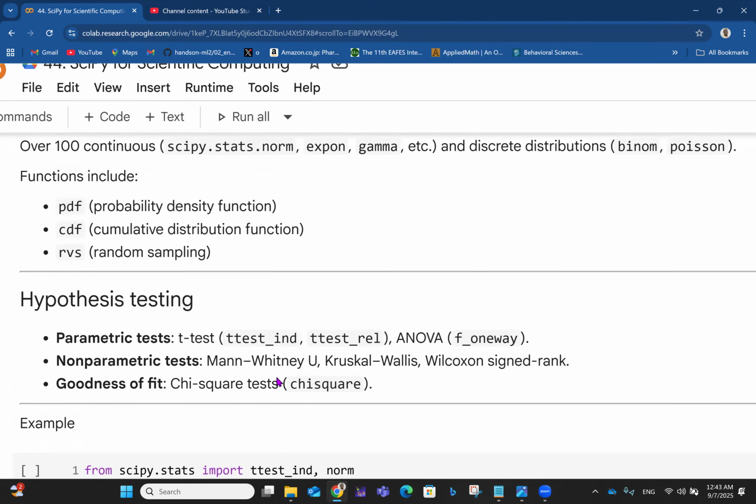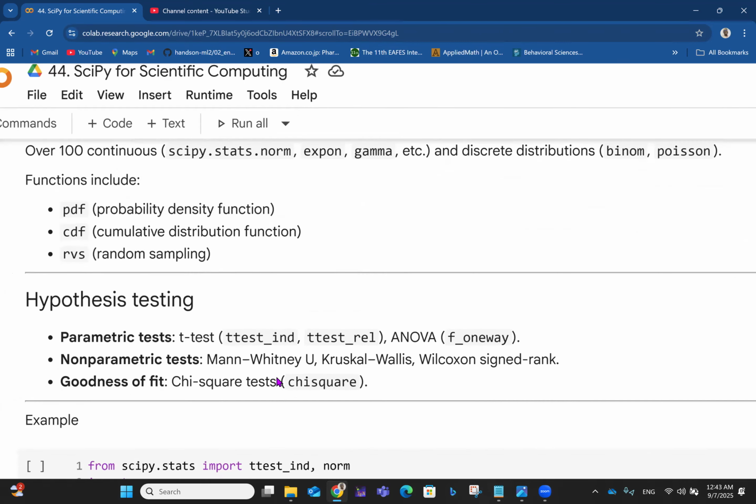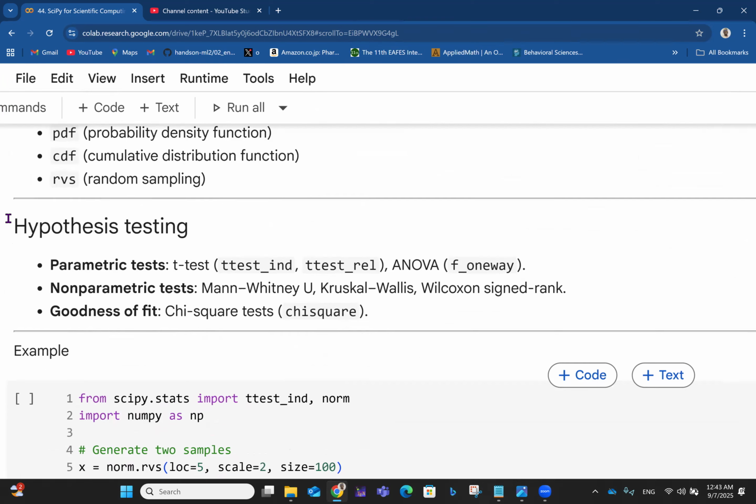For hypothesis testing, which SciPy also does, you can have parametric tests like t-tests and ANOVA, and non-parametric tests like Mann-Whitney U, Kruskal-Wallis, Wilcoxon signed-rank. I did all this under my statistics playlist containing like 25 or 35 videos, I'm not sure now. And you have goodness of fit, where you have chi-square tests and all that.